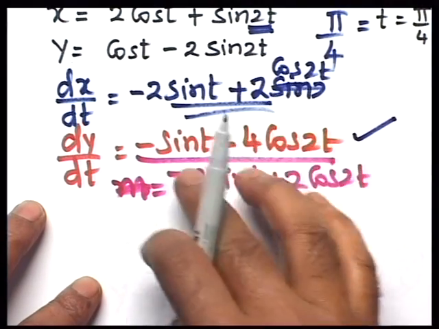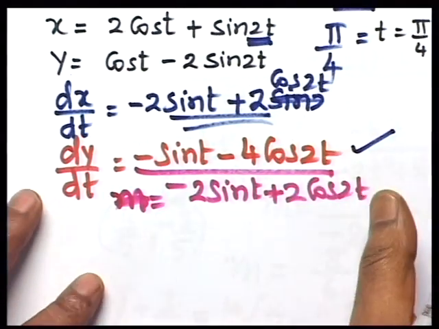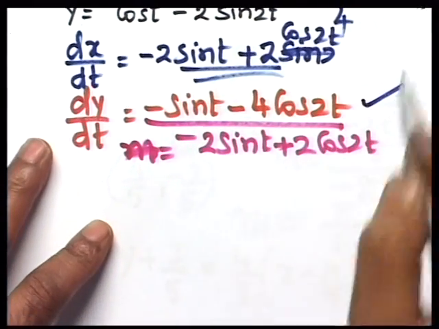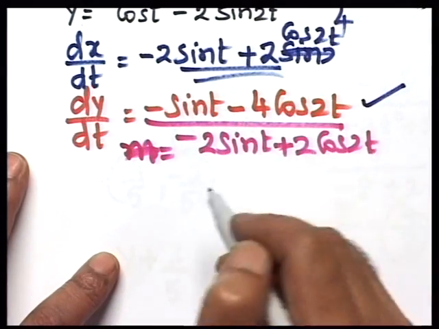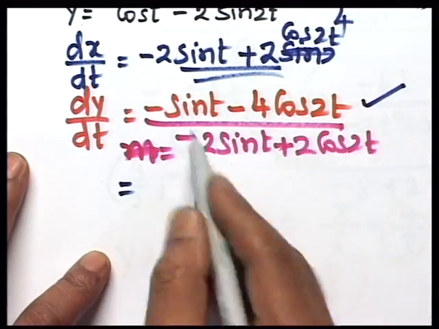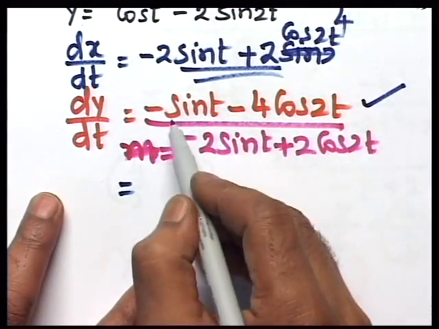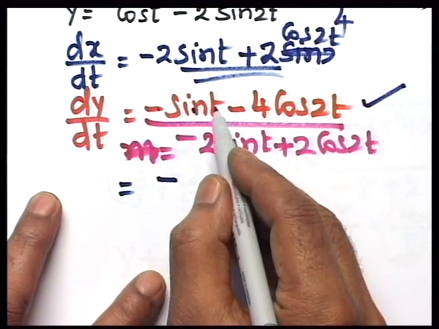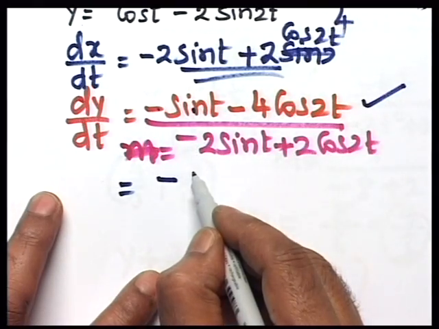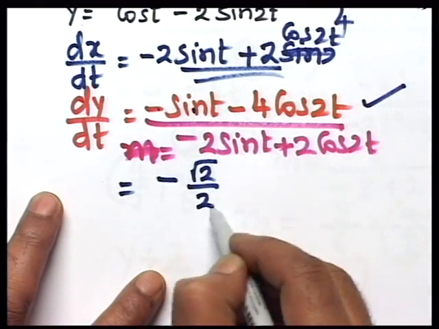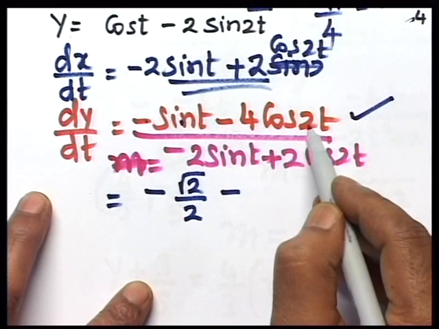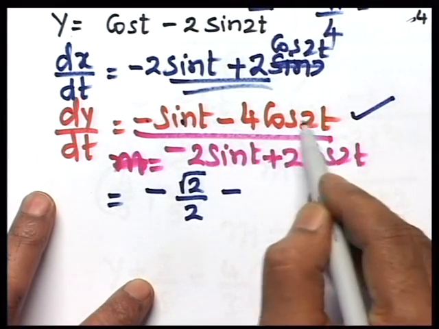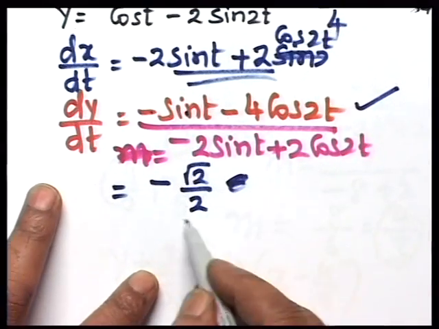Simplification, as I said, I'm not worried because we just need to find the equation there. t equals pi over 4. Pi over 4 is 45 please. Let's substitute that here. So we got minus sine 45 is 1 over root 2 or root 2 over 2, right? Minus, t is 45, 45 times 2, 90, cos 90 is 0, so that whole thing goes off.